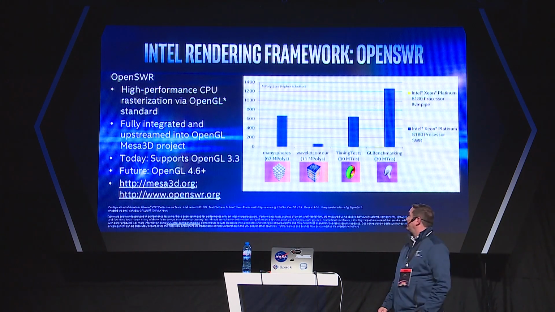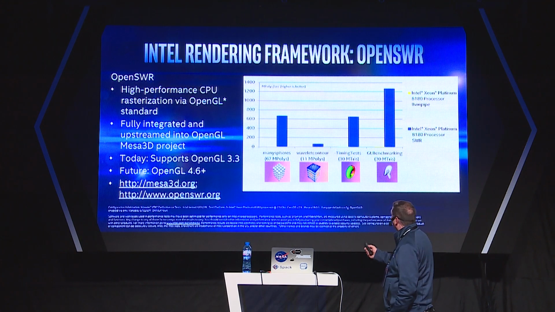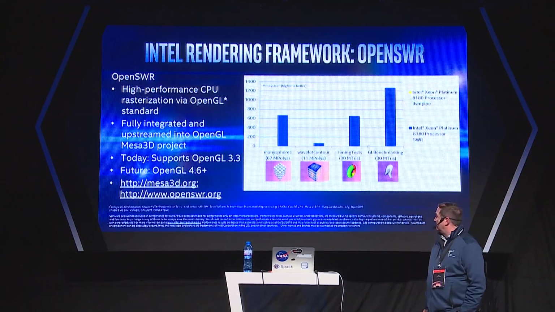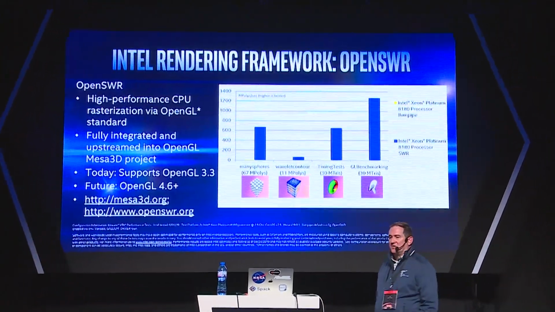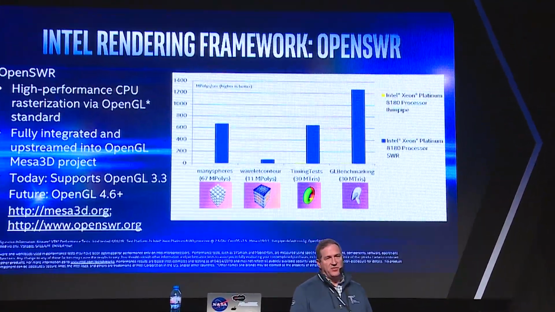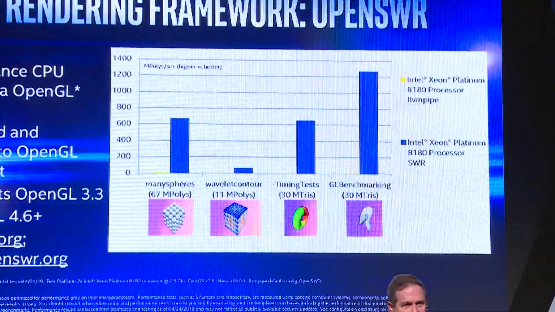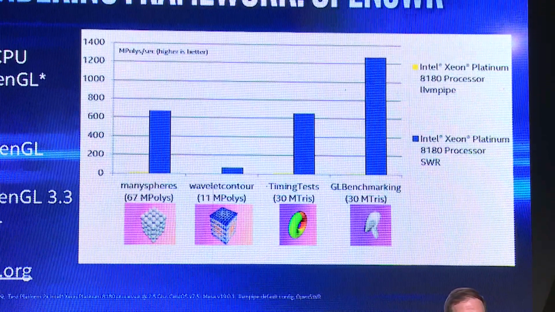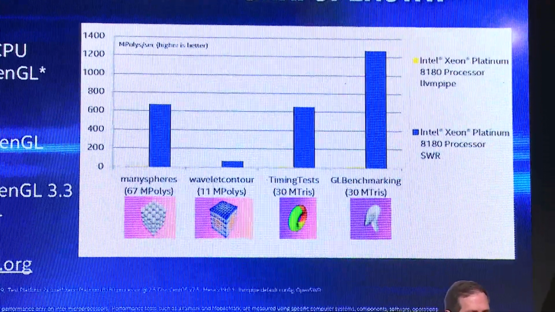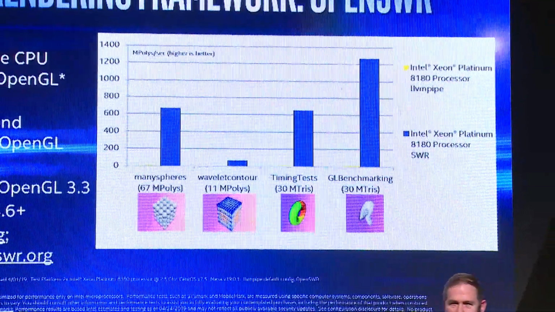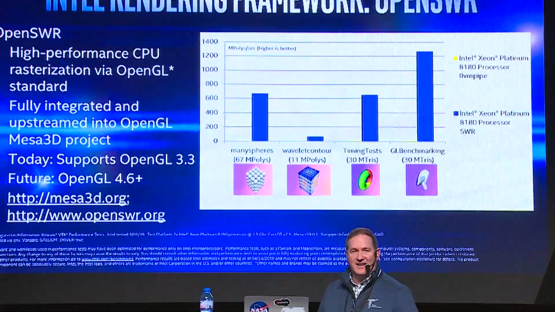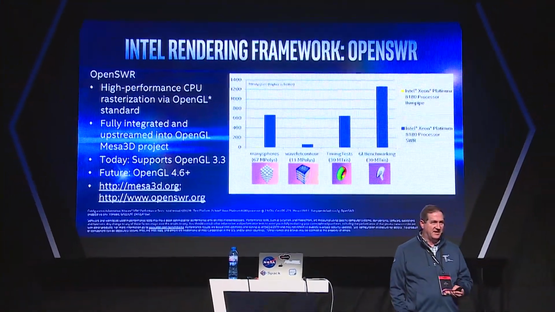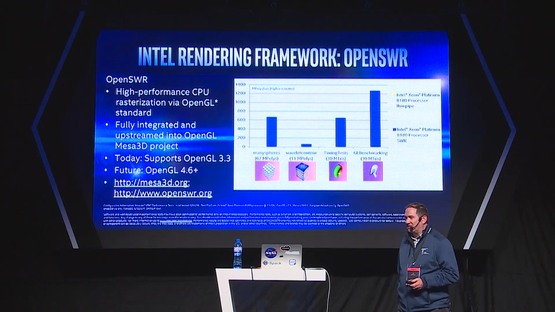We are orders of magnitude faster on the same processor with the same OpenGL driver. All you do is add an environment variable before you start that says gallium_driver equals SWR, and if you do that, you get 150 to 200x performance on a Xeon platform.